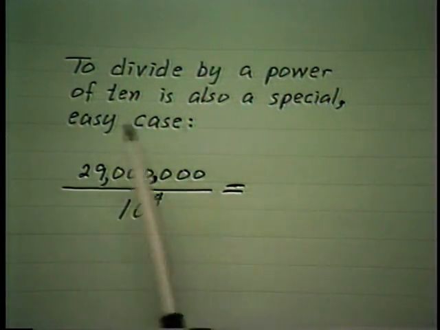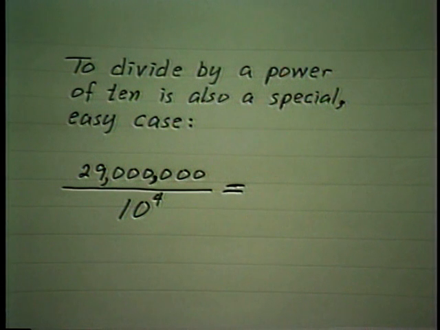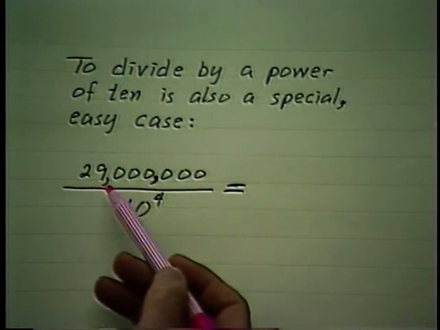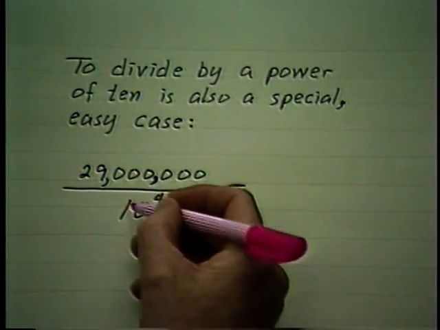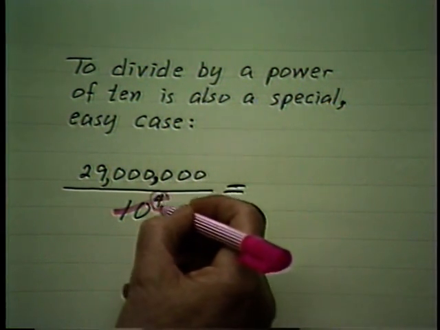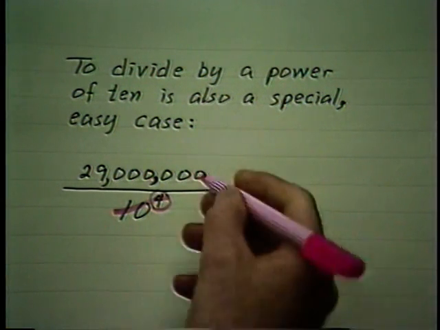To divide by a power of 10 is also a special, easy case. It is simply this. If you have a whole number with a lot of zeros on it already, just do away with as many zeros as you have exponent on the dividing power of 10.